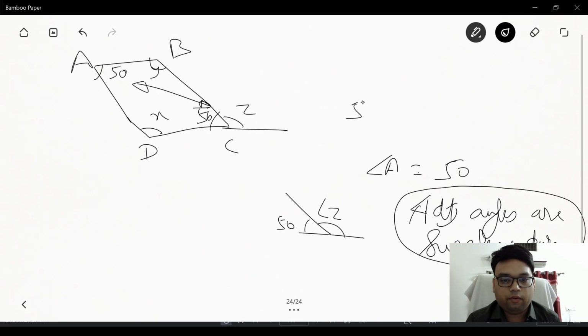So 50 plus angle z is equal to 180 degrees, so angle z will be equal to 130 degrees.